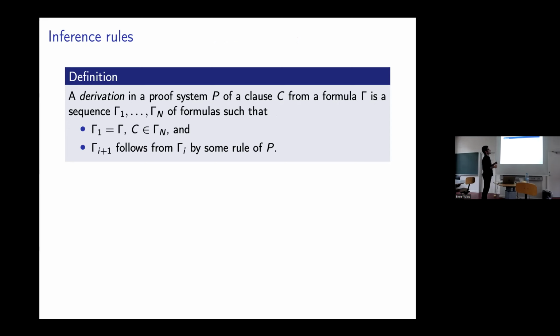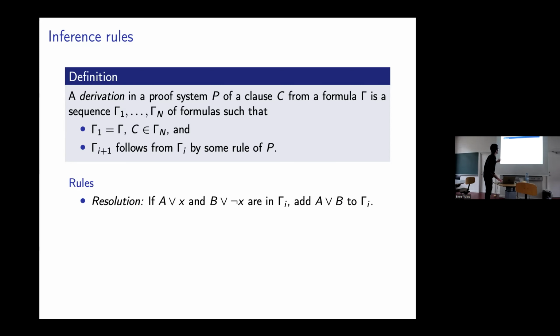A derivation of a clause in a proof system from a formula is a sequence of formulas such that you start with the initial formula that you're given, and you end with a formula that contains the clause that you want to derive. And then at each step, when moving from one formula to another, you want your formula to follow from the previous formula in the proof by some rule of P, which I will now give examples of.